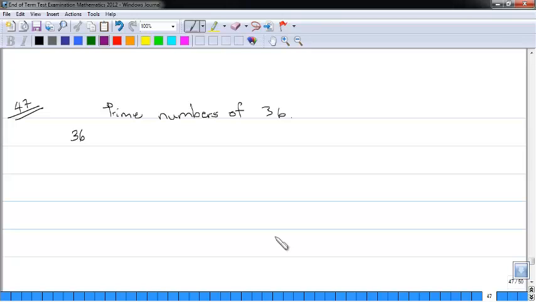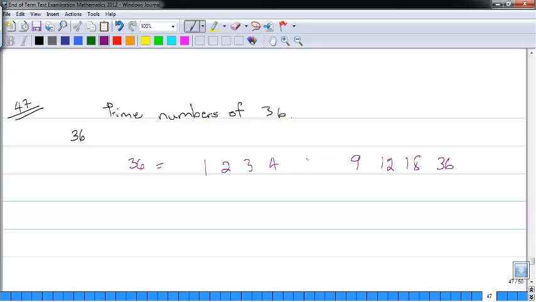Number 47 says, what are the prime factors of 36? So let's get 36 and we'll list the factors. 1, put 36 over here. 2 can go into 36 18 times. 3 could go in there 12 times. 4 could go into 36 9 times.